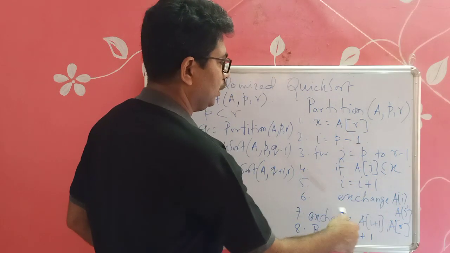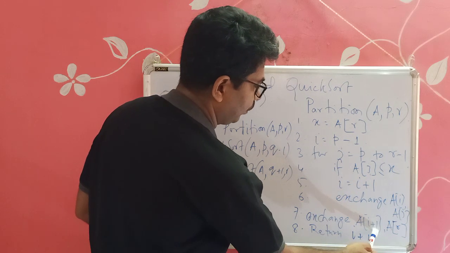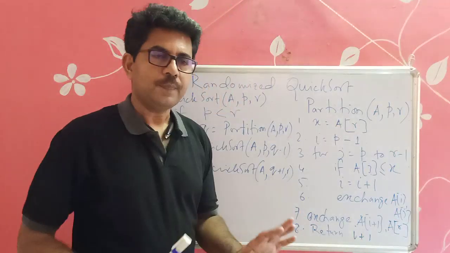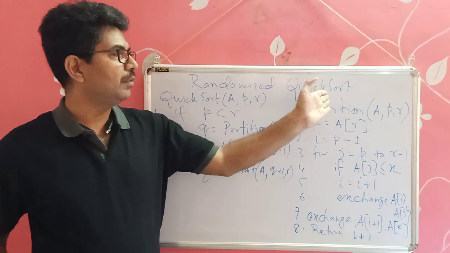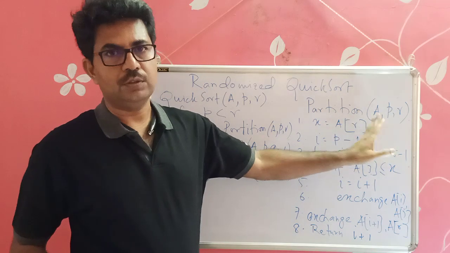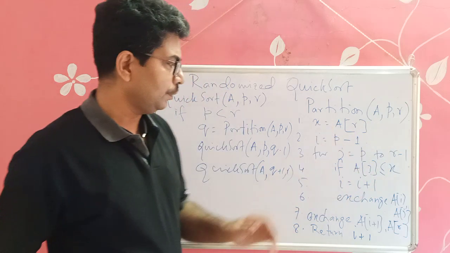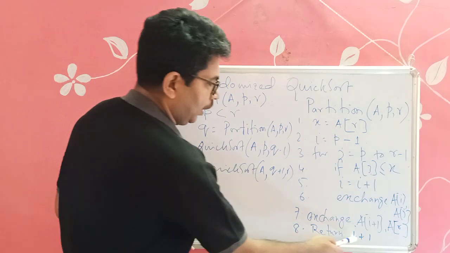After executing the whole loop, outside of the loop, we will exchange the values A[i plus 1] with A[r]. Since our topic is the randomized quicksort, we are not considering an example to execute this function, but you can believe me that it works and it is a very good function. So return i plus 1.